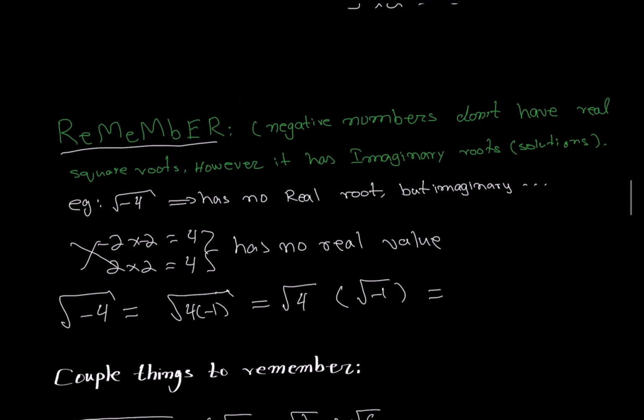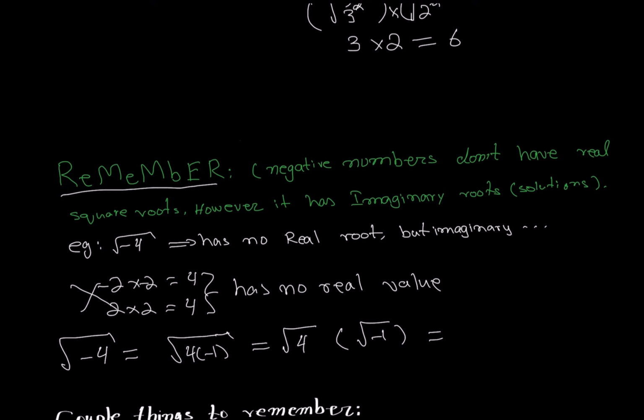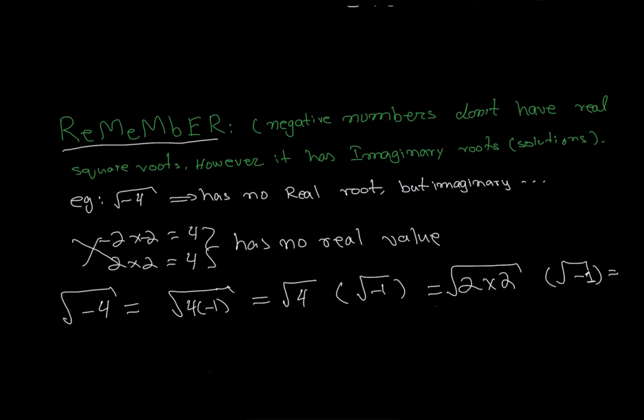The square root of 4, we know what that is: it's 2 times 2, which we can write as 2 to the power 2, and the square root of negative 1.